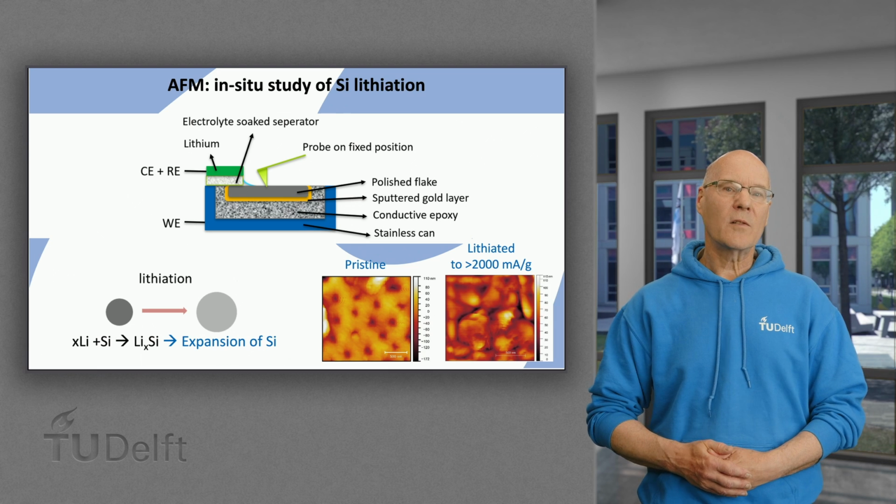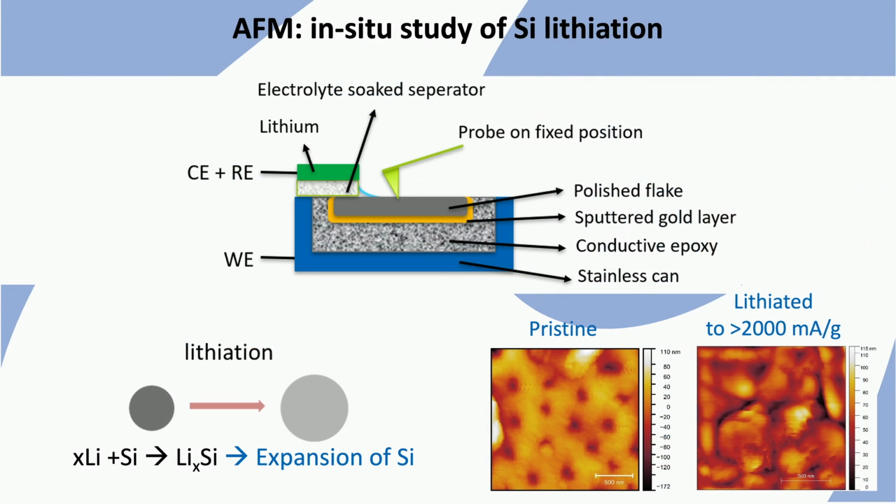In the presented cell here, we have a silicon sample, eMAGI, which is a porous silicon. The surface has been polished and a scanning electron microscopy picture taken. This sample was placed in the AFM with the bottom of the silicon sample connected to the working electrode.